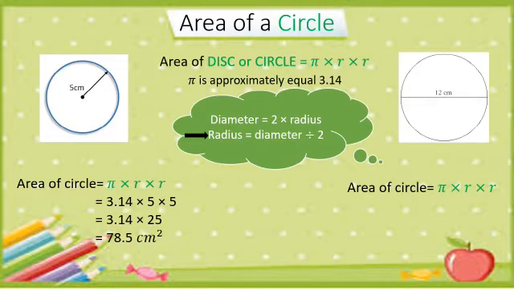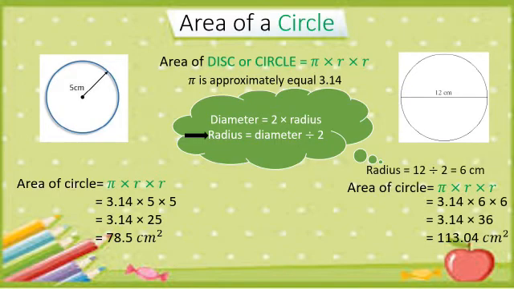The diameter is equal to 2 times radius, then the radius is equal to diameter divided by 2, then the radius is equal to 12, which is the diameter, divided by 2 equals 6 centimeters. Then the area is equal to 3.14 times 6 times 6, equals 3.14 times 36 equals 113.04 centimeters squared.